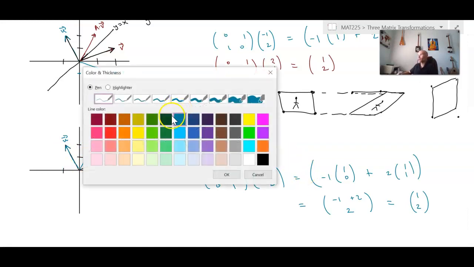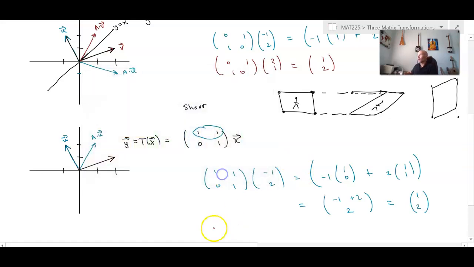We do the same thing for the other vector. And not surprisingly, it's going to have very much the same effect on the vector 2, 1. It's going to be 2 times 1, 0 plus 1 times 1, 1.